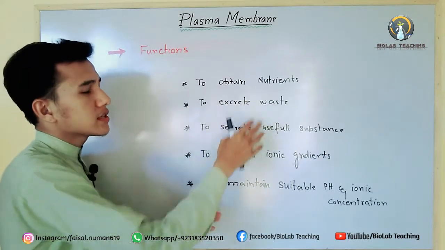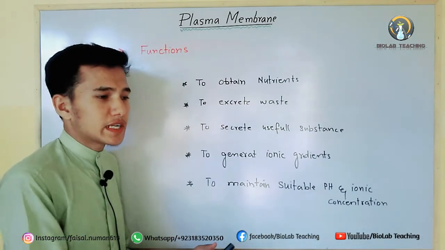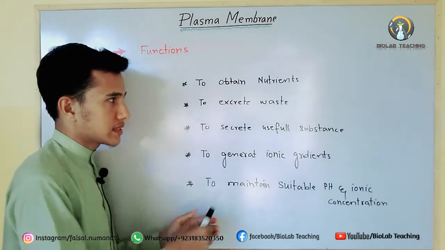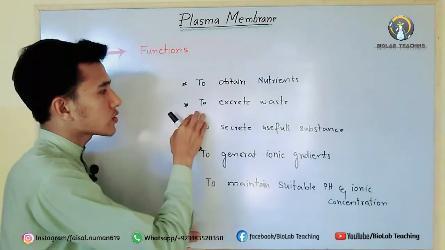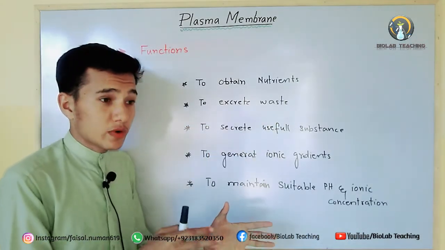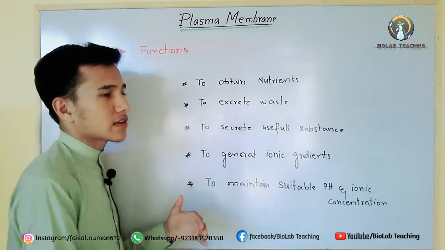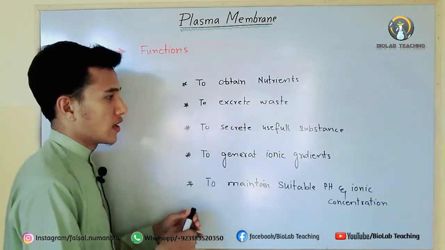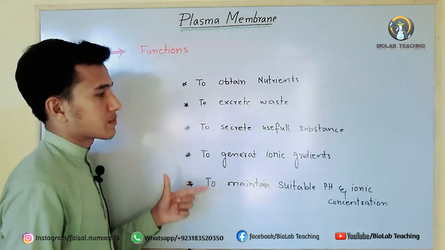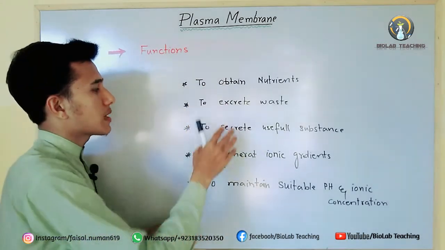So it obtains nutrients from the environment, from the extracellular spaces. They take the nutrients, and also excrete the materials found in the metabolic process out of the cells. So this is also the best and core function of the plasma membrane.